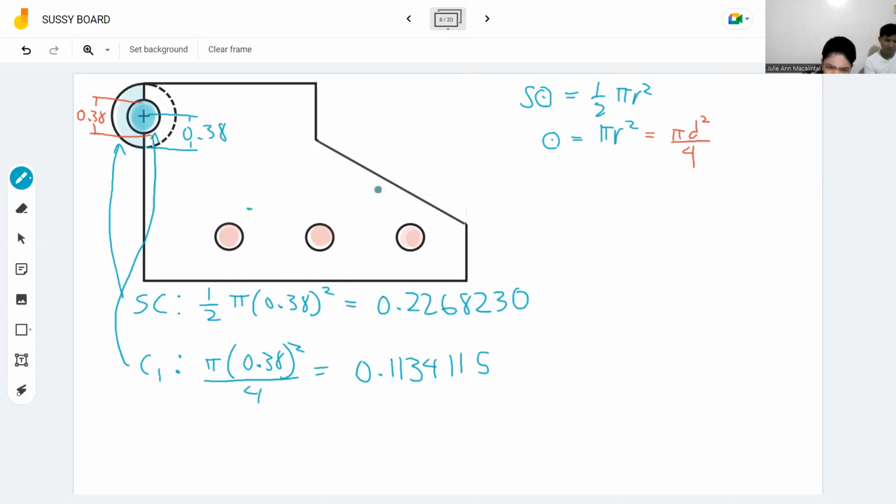And then these three circles, I will treat them as one entity. So the three circles, all three, circle 2, maybe.